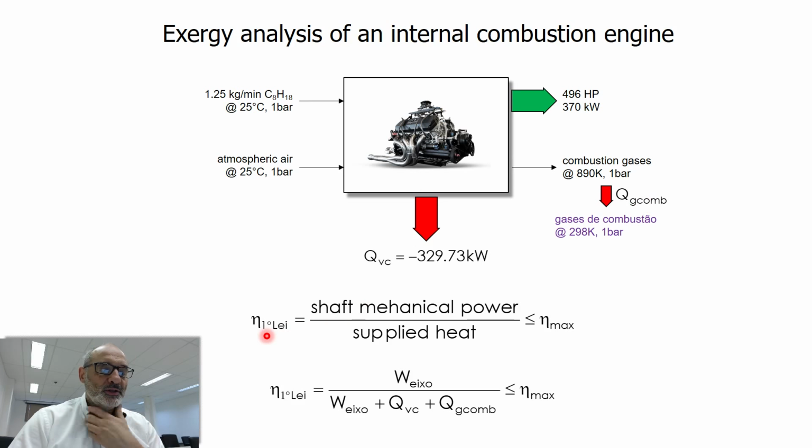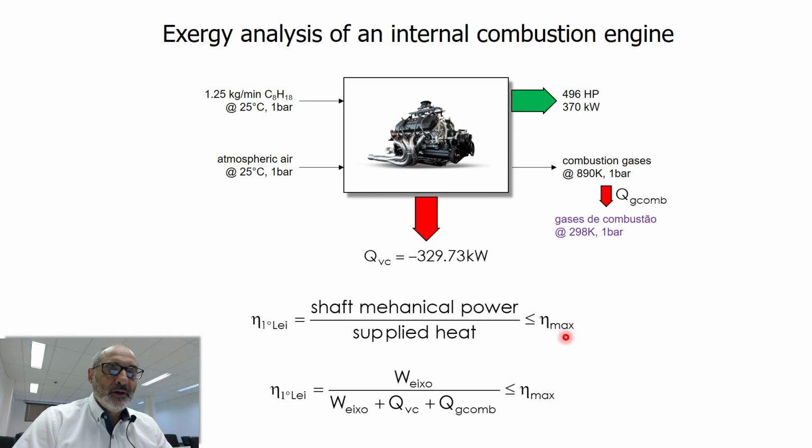Two working definitions, or actually one. I'm giving two different efficiencies. First law efficiency is defined as the liquid power, mechanical power, or shaft mechanical power, divided by supplied heat, the amount of heat that I'm supplying to this thermal cycle.